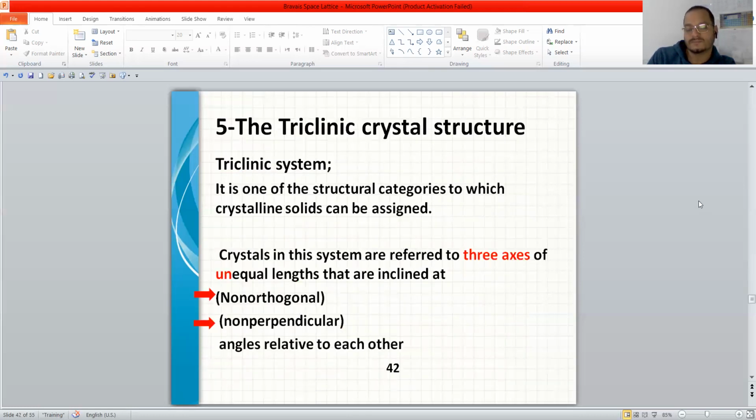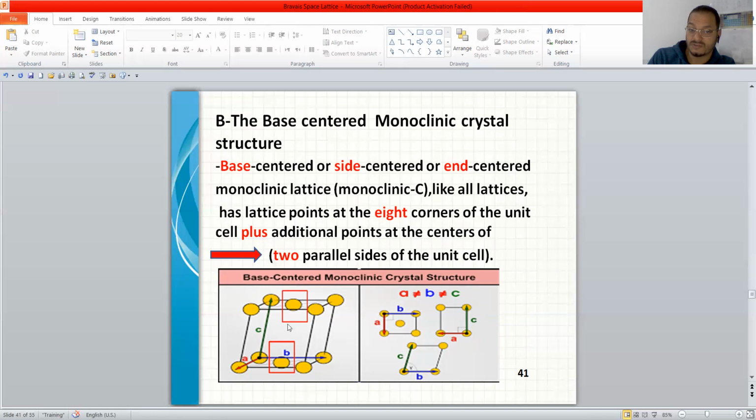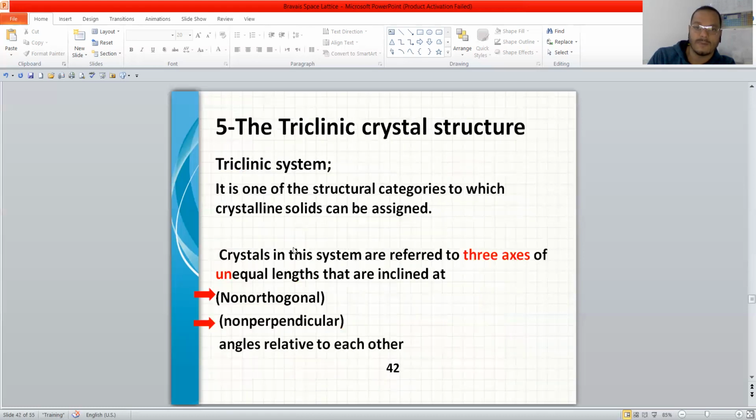Now, the triclinic crystal structure. It's one of the crystal categories to which crystalline solids can be assigned. Crystals in this system are described by three axes of unequal lengths that are inclined to each other.